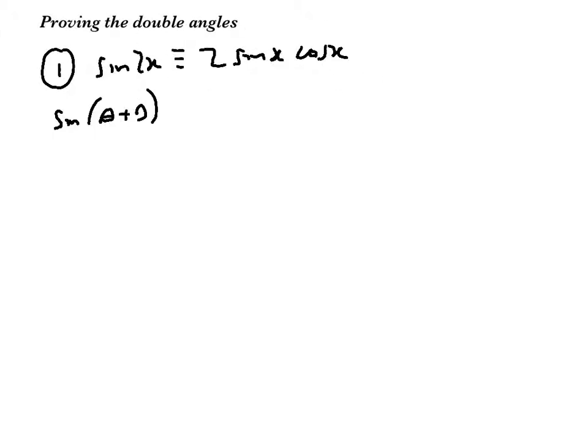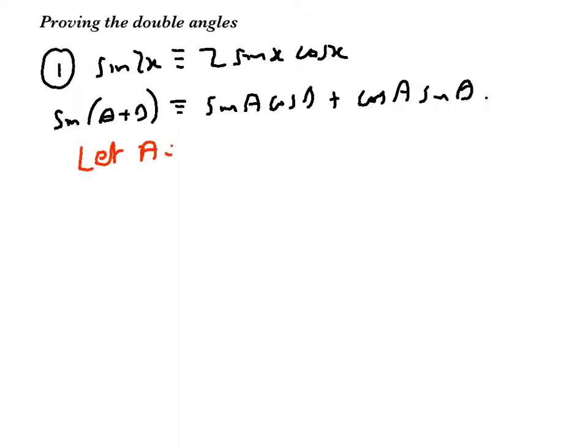So I've got sin(A + B) is always equal to sin A cos B plus cos A sin B, which was the result we proved before. Here, I've got 2x, haven't I? So I could let A equal x and B equal x. So I have sin(x + x) equals sin 2x.